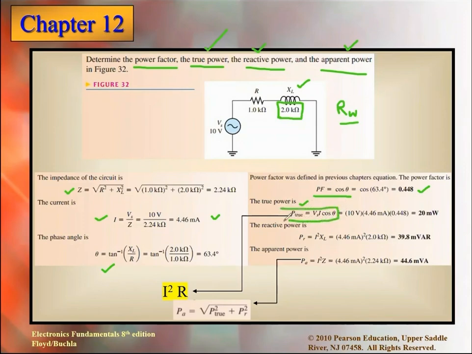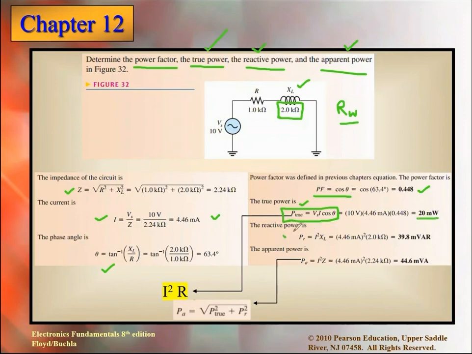This is exactly the same formula which we discussed there. Either we can calculate I square Rw, or we can calculate Vs I cos theta. Because we know the power factor, we can apply that formula, which is now 10 volts, this one, and 20 milliwatt is the answer.